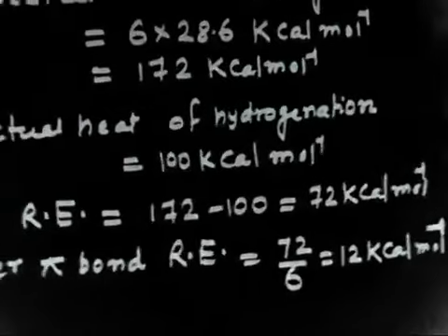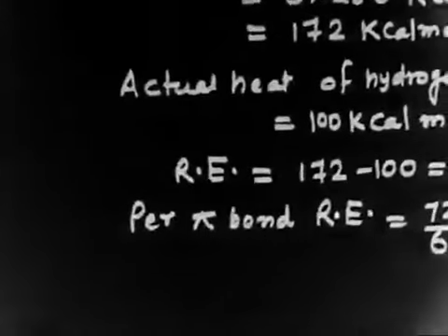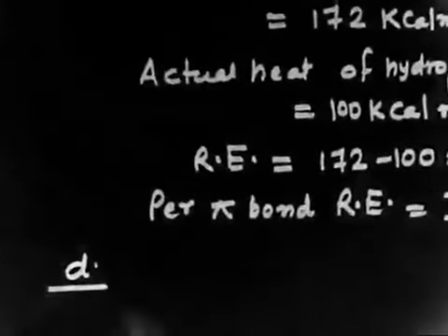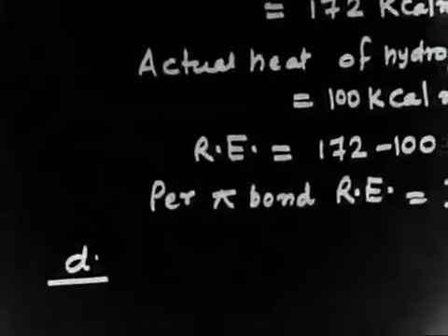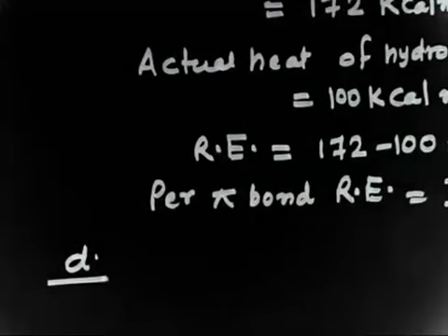Now the D part of the question says, we have calculated the resonance energy, now compare the resonance energy of biphenyl with that of naphthalene and with 2 benzene rings.